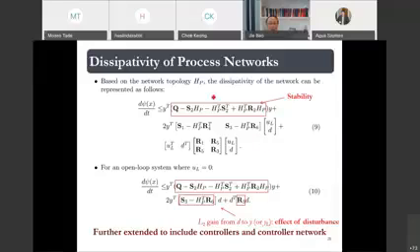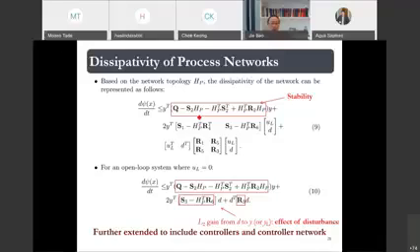So obviously this is the overall Q matrix. Remember, Q and S are the matrices which contain the supply rates of each individual subsystem. HP is the topology matrix.